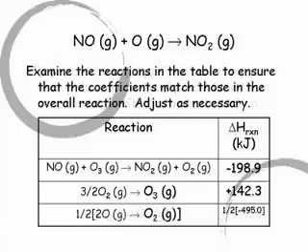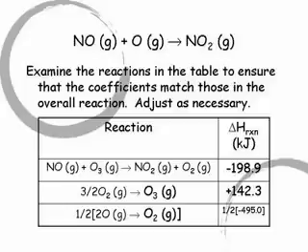Once we have flipped the reactions and gotten those lined up, we want to examine the reactions in the table to ensure that the coefficients match those in the overall reaction and adjust those as necessary. As we look at doing this, it looks like the equations in the top and middle are fine, but for the bottom equation, we have two O's and we need just one.